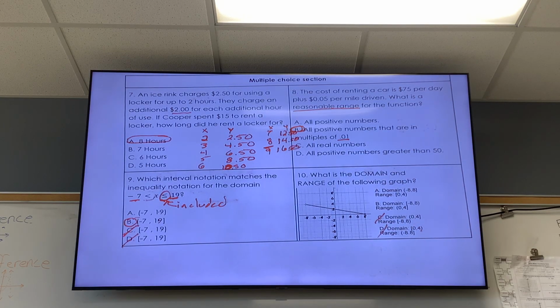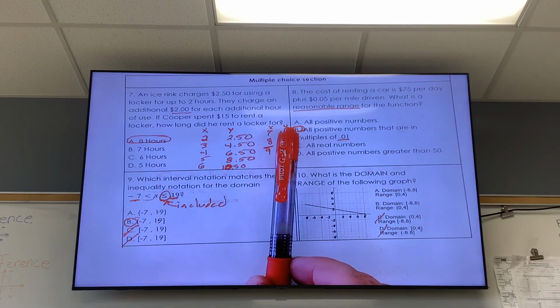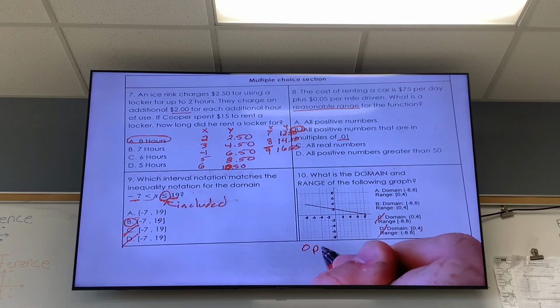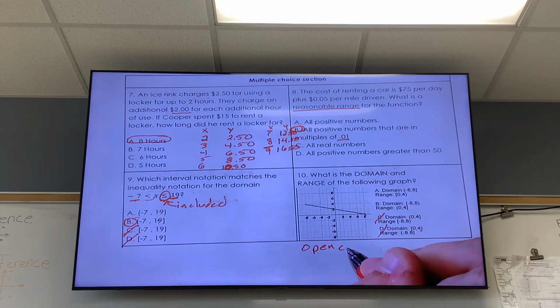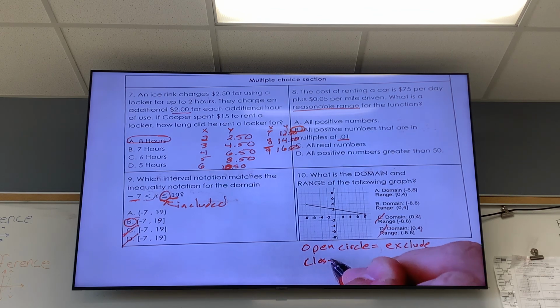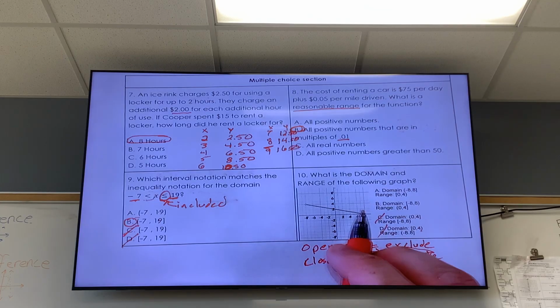Okay, now, because it's an open circle, I'm going to exclude that value of -8. Okay, because I'm excluding this value of -8, that means that I'm using a parenthesis.